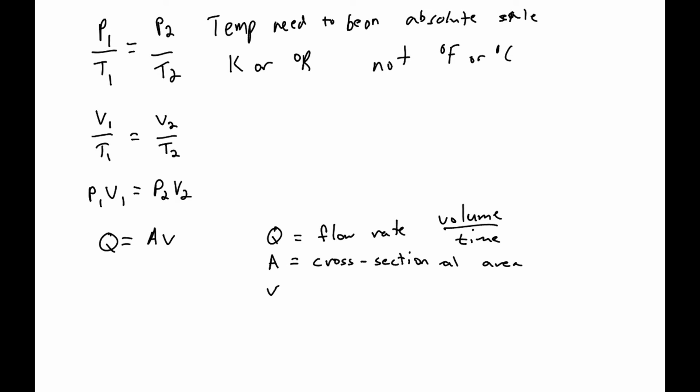And then V is velocity of the fluid. That's going to be in something like meters per second or inches per minute or something like that. Any question over these equations?